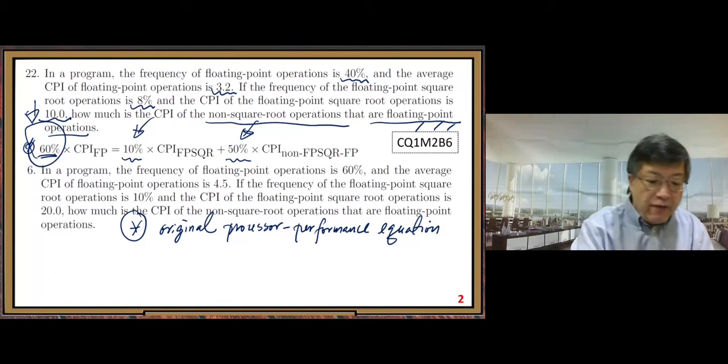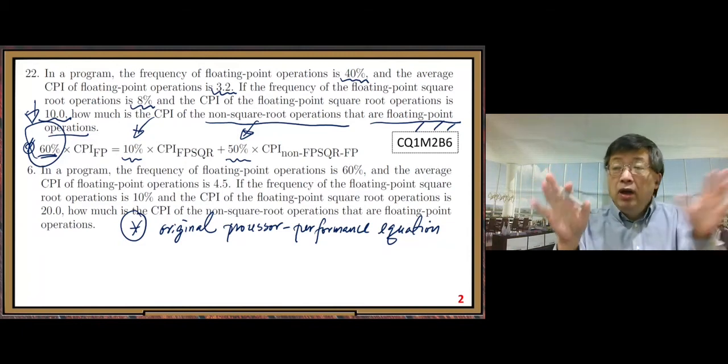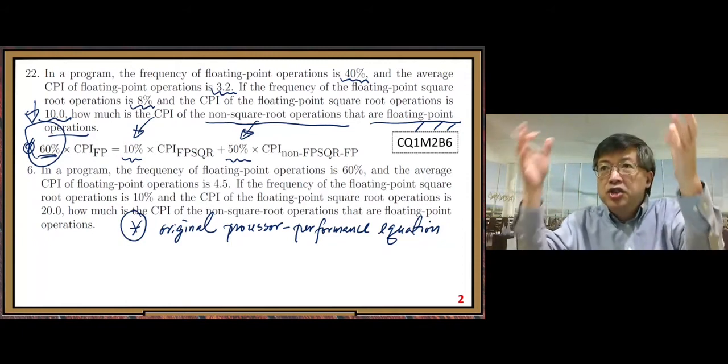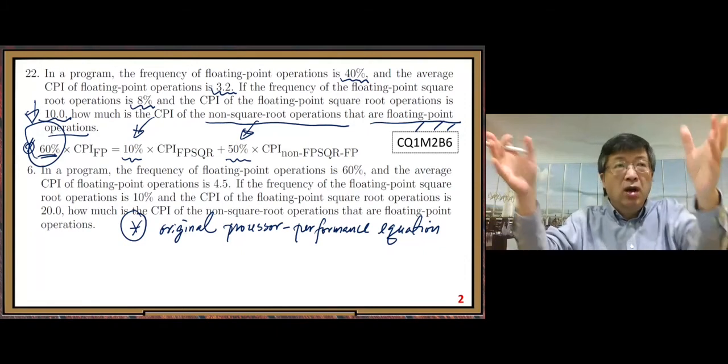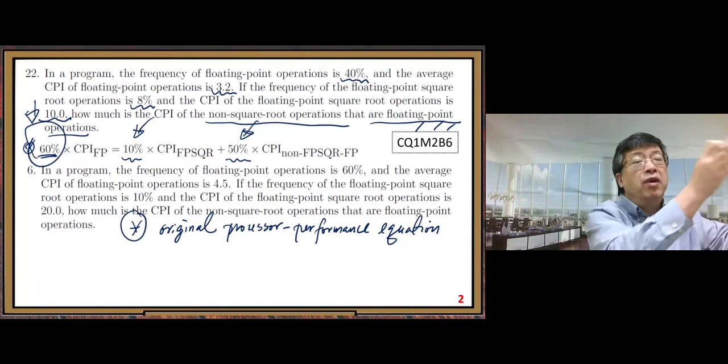But if you put 100% on the left-hand side, then it is not quite compatible. At the right-hand side, you only count 60% of the operations, but on the left-hand side, you consider 100% of operations.